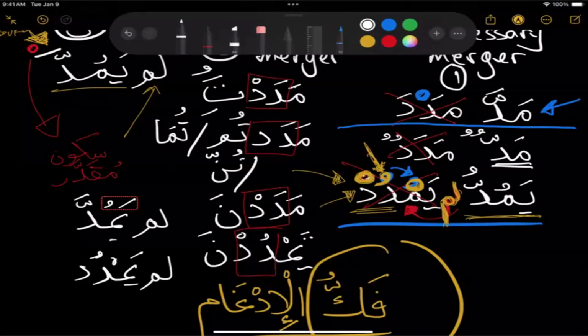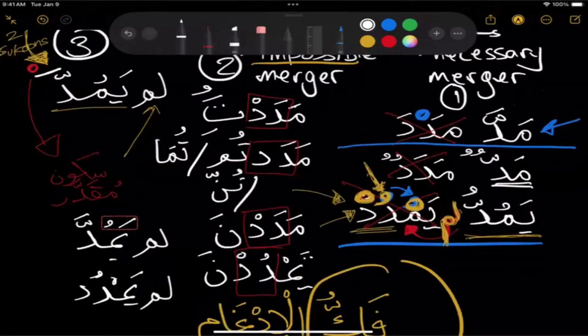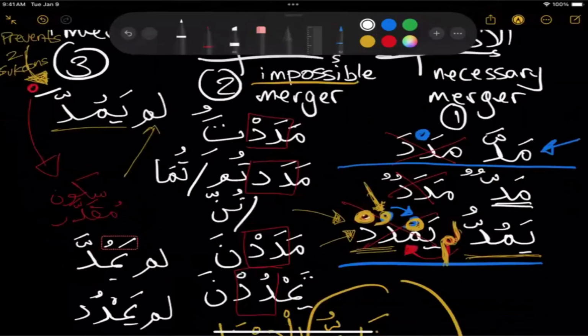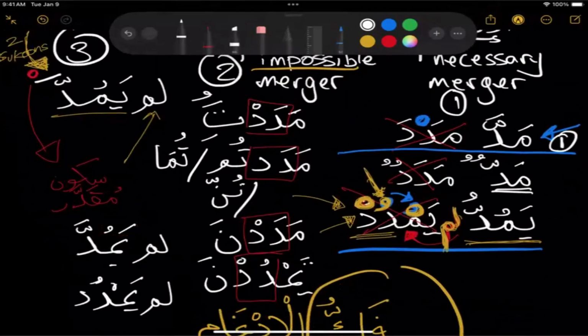Sayyidi, assalamu alaikum. I just joined. Wa alaikum assalam wa rahmatullah. Yes, Sayyidi, just a swift recap. You mentioned the necessary merger is when the verb is in the past tense, right? Yes, and the impossible is one case. Not only in the past, but yes, in the past, yes. Then you mentioned just one case for each? Well, I mentioned three cases here for the necessary merger. Here's one, which is the past madda.